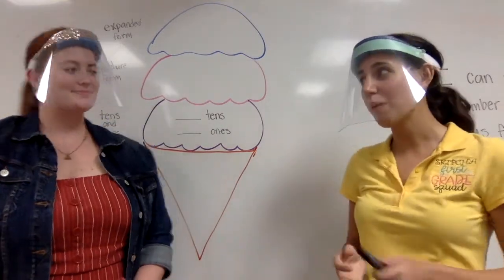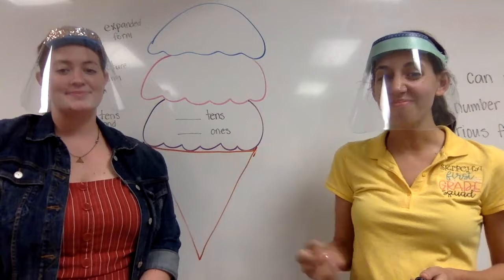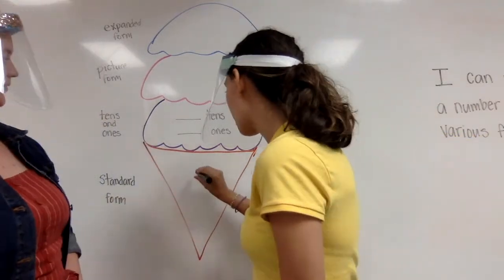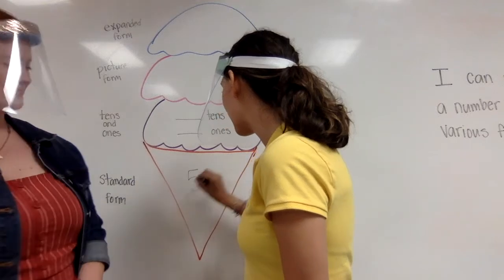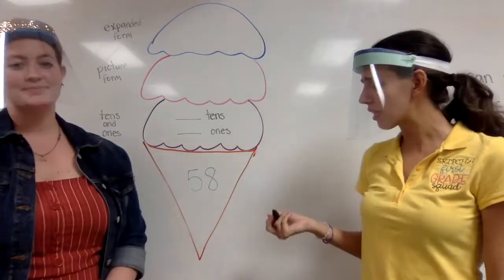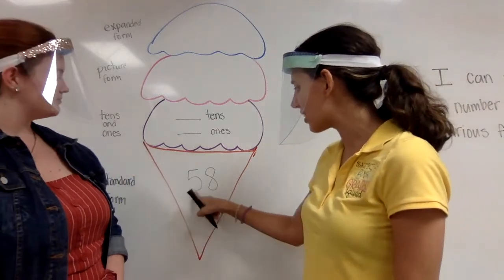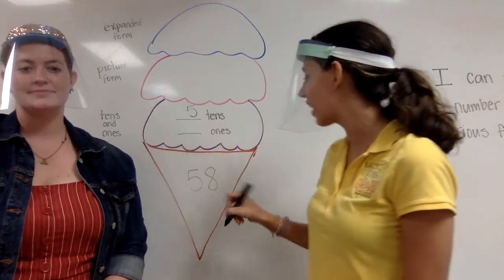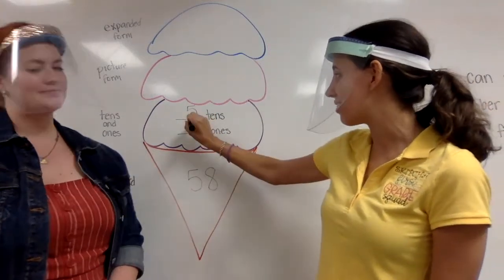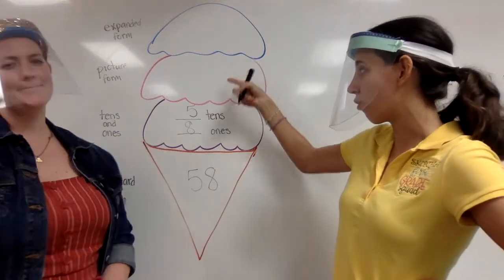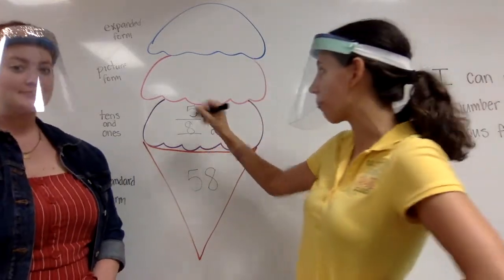All right, I'm going to pick somebody else. I'm going to pick my mom, and she is 58 years old. So I'm going to write 58 in standard form, so how I would normally see the number. And looking at the number 58, I can see that there's 5 tens, so I'm going to put 5 tens and 8 ones. And then if I were to draw this in picture form, I would have to draw 5 ten blocks.